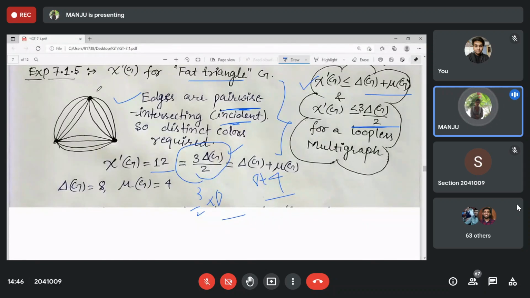This was a regular graph, right? And mu is also regular, right? Mu is also 4 for all the edges, for all the pairs. And degree is also 8. That's why it is exactly equal. For other multigraphs, it may be less than this one, right? Clear?